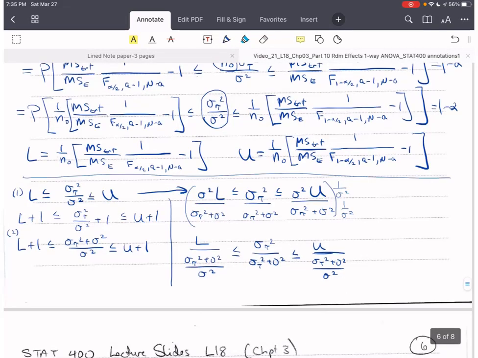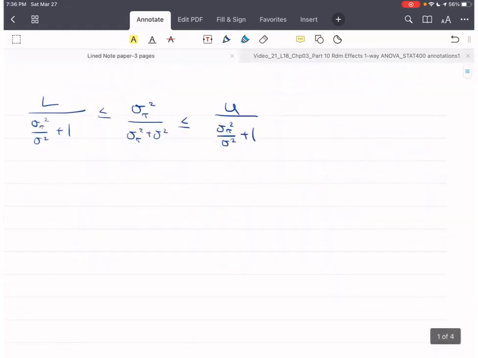Now if I look back at equation 2 here, I have L plus 1 and I have U plus 1, and I have sigma tau squared plus sigma squared over sigma squared.